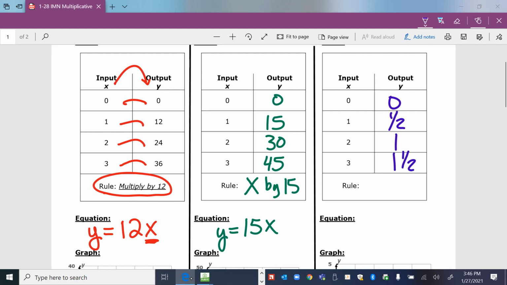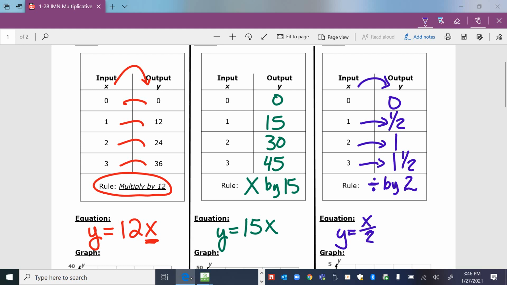So what is happening to get from the x values to the y values? Looks like I'm taking them all and cutting them in half. A way to say cutting in half is to say divide by 2. And my equation can look like a couple of different ways, so please write both of them down. One of them would be y equals whatever the x is, divided by 2.